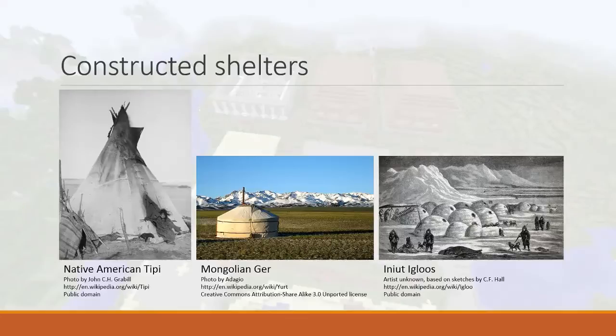So these are some of the, I guess it's okay to call them primitive. But as I said, if you look closely at the construction, there are some very clever things they do. These are some of the examples of primitive shelters that we know about. Obviously, a lot of these things would have been in the distant past, and we might not actually have examples of them left.